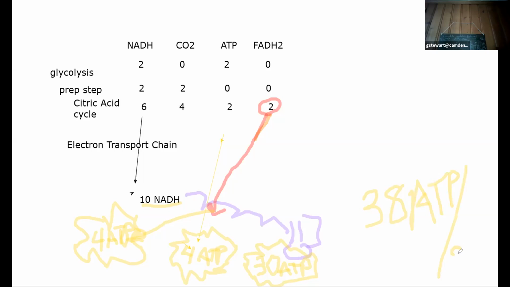Now, this is the maximum if all systems were optimized, which is also part of the reason why your book says it's 30 to 32. Not only are some of these used for transport, but also not all cells can make this maximum amount at all times.